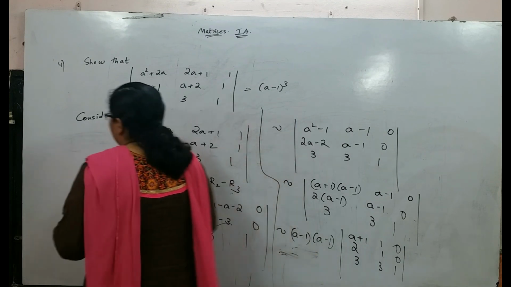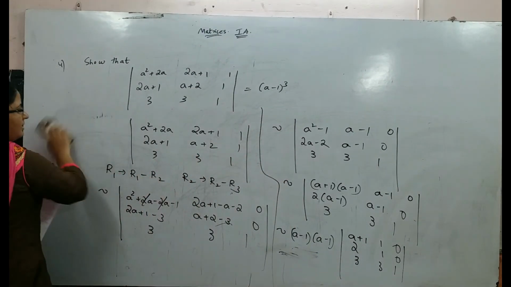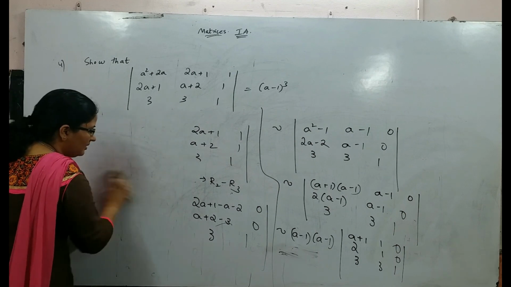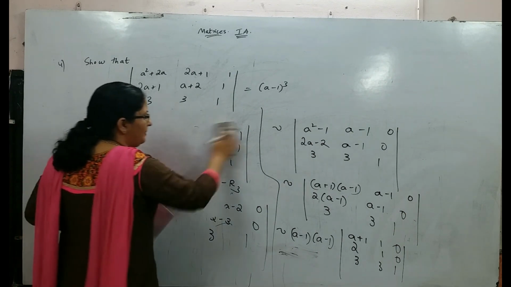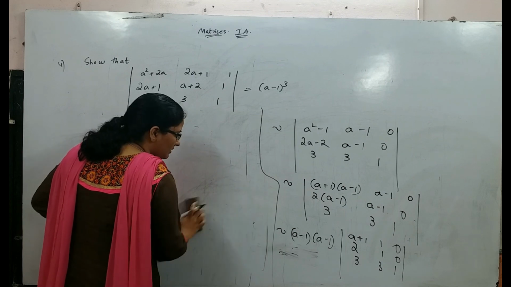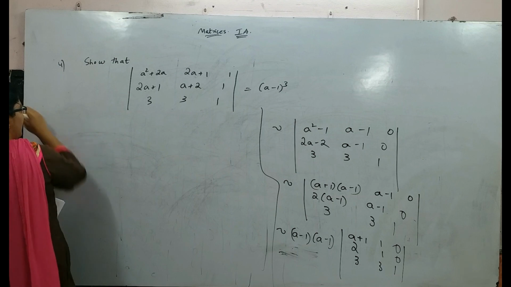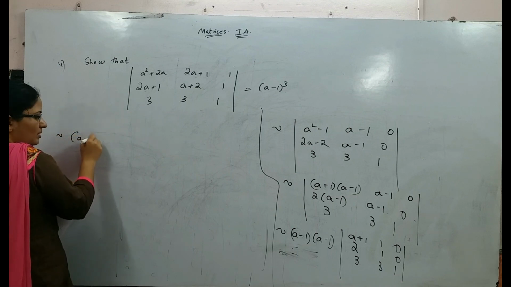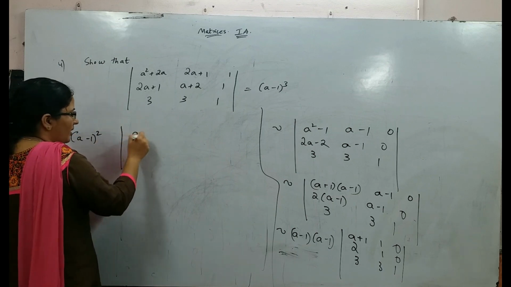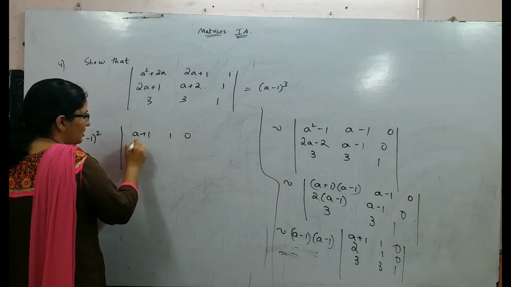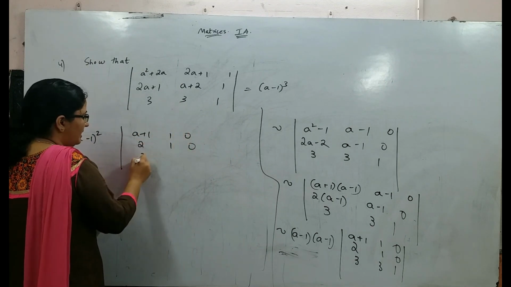Let us do it here. This is nothing but a minus 1 whole square into a plus 1, 1, 0, 2, 1, 0, 3, 3, 1.